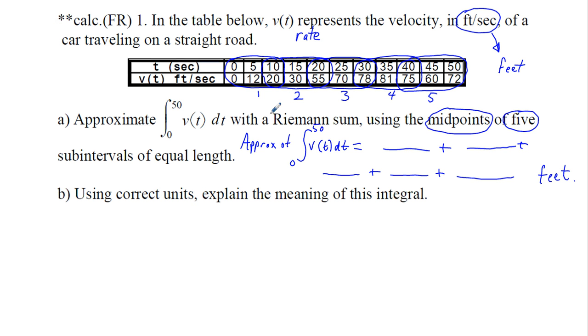And then our delta x is going to be 10 apart. So our delta x is 10, and each one of these intervals is 10 apart, 10 seconds apart in time. So we put 10 out front on each of these blanks.